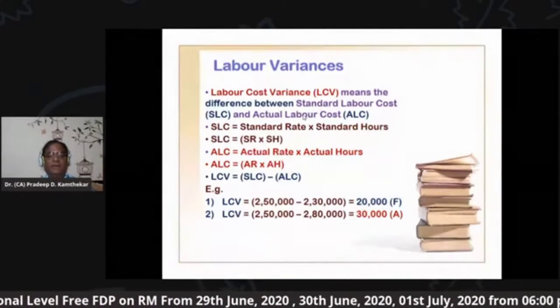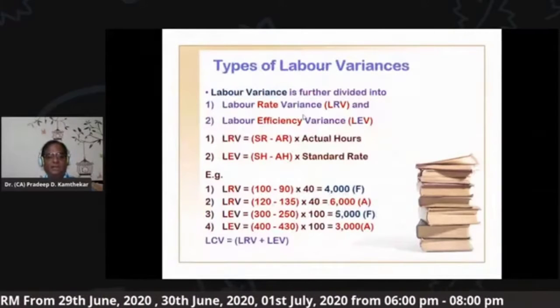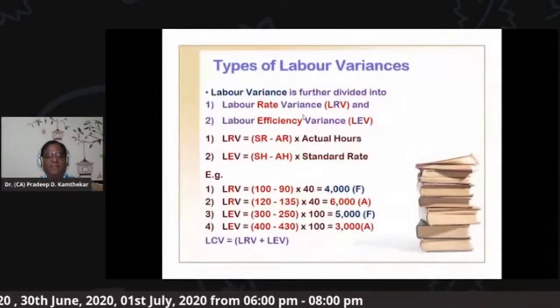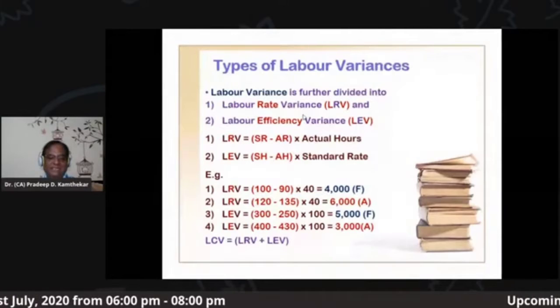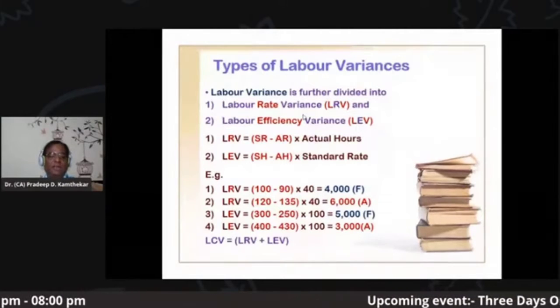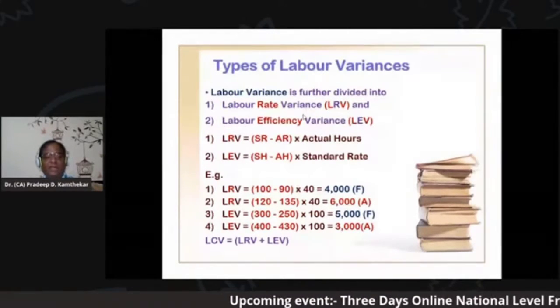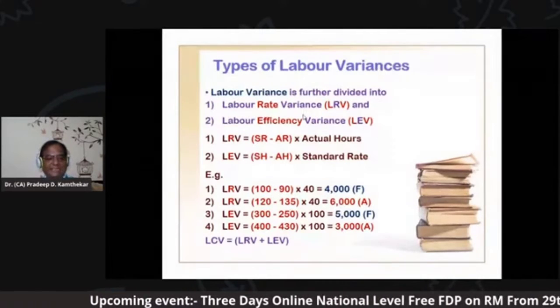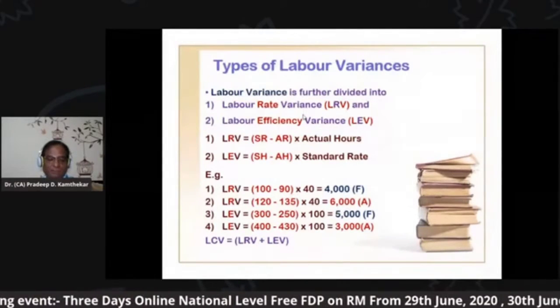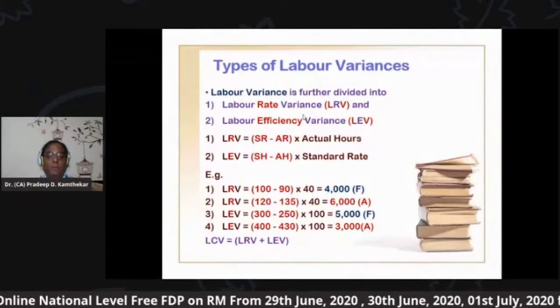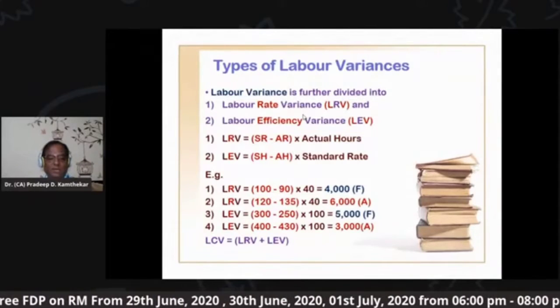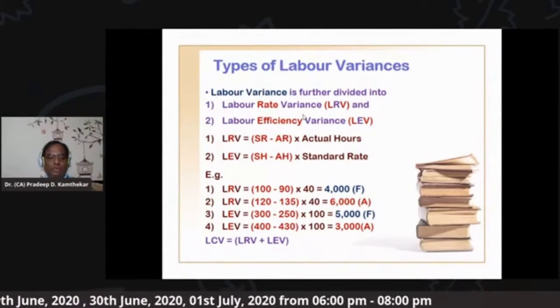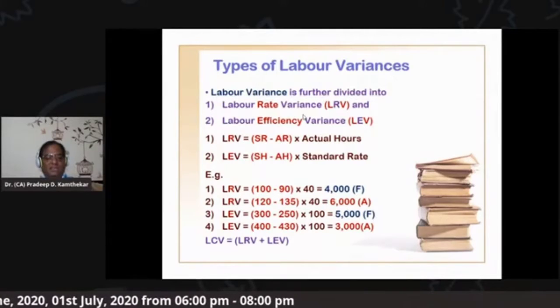Now, this labor cost variance is further divided in two parts. As in material variances, we have material price variance, here we have labor rate variance. So price is replaced by the rate. And in material variances, we have material usage variance, but it doesn't sound good to use the word usage for the workers.